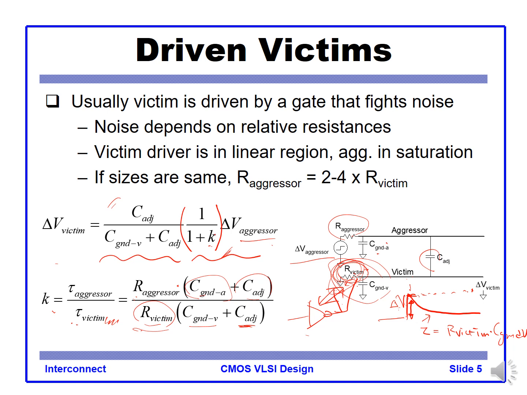So k goes to infinity, then the delta V on this line will be 0. But typically we have similar driving strength. If R aggressor and R victim are the same, then k is approximately 1, and we get half of the signal on the victim line.